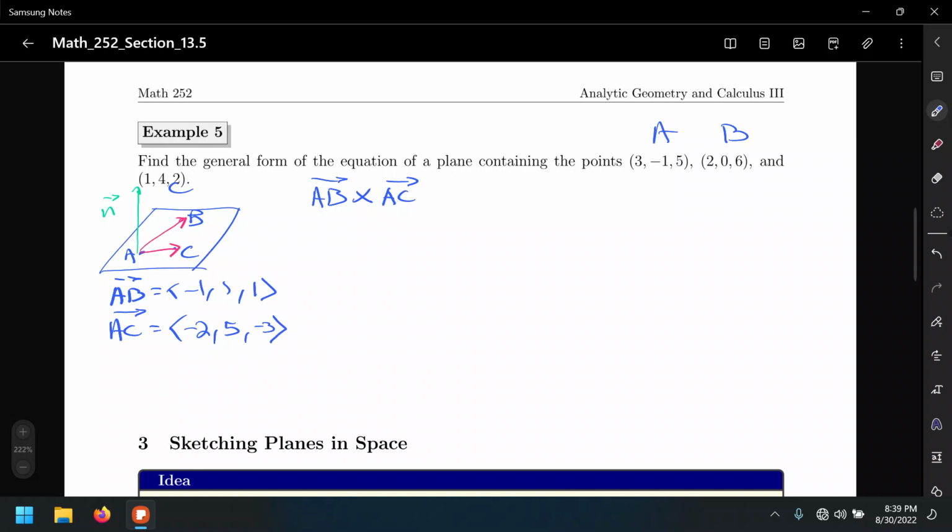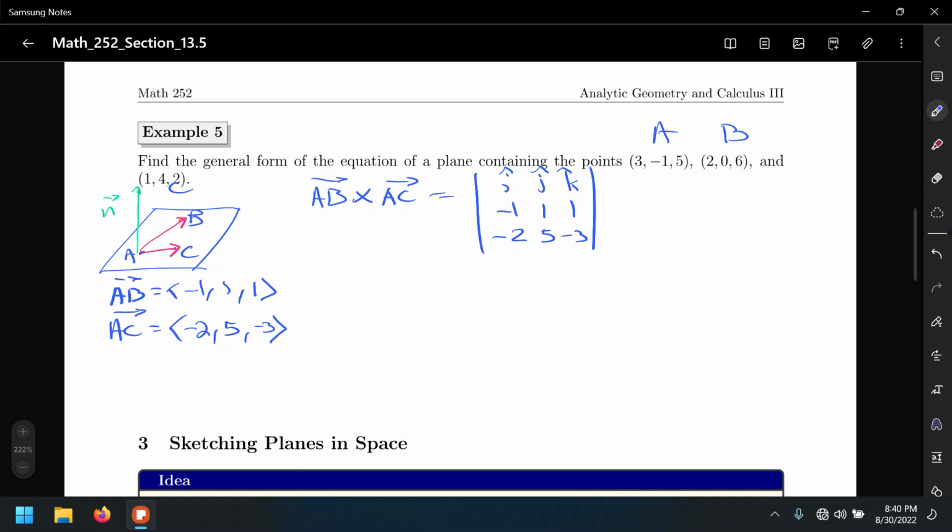And again, you could have done it in a different order. You could have defined the vectors BA and CB. Well, either way is fine, but typically our reference is the first in the alphabetic order, right? We go from A to the other points. Okay, so i, j, k, and negative 1, 1, 1, negative 2, 5, negative 3.